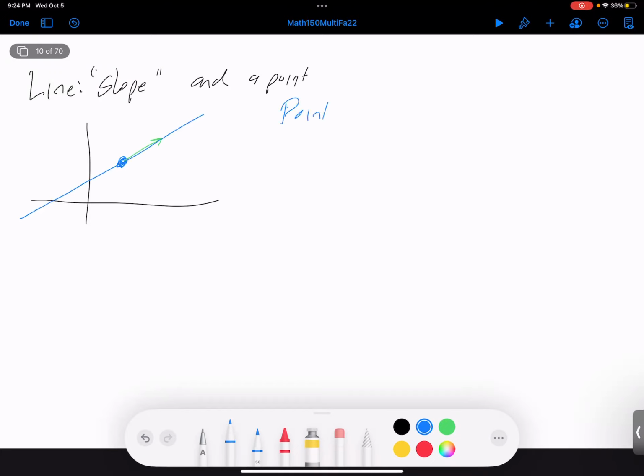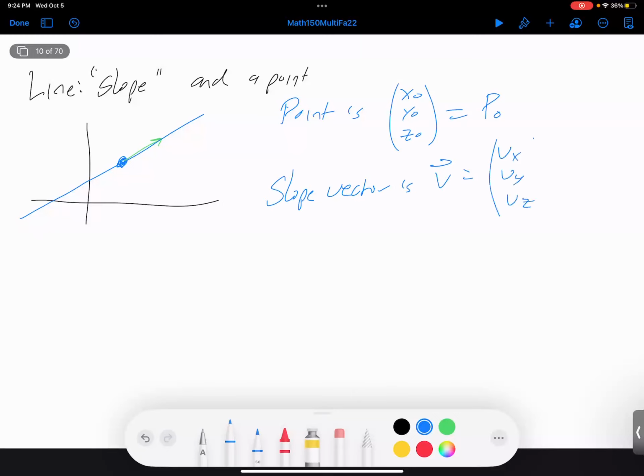Let's say the point is x naught, y naught, z naught. Call that point p naught, some initial point in 3 space. And we'll say the slope vector is v, say vx, vy, vz.